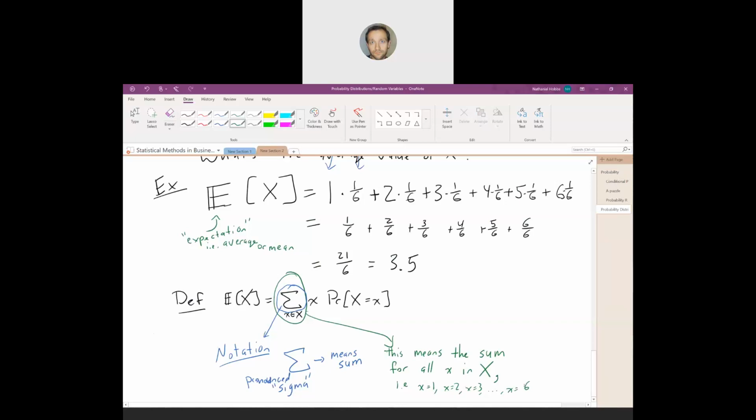So x, the big letter X, these are all of the possible number values.